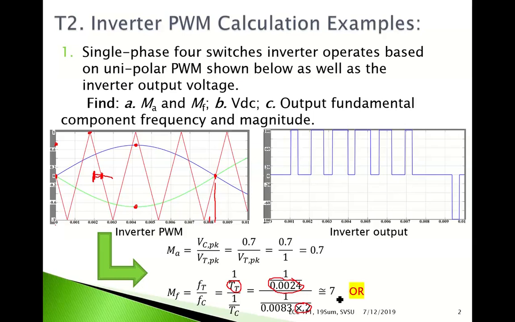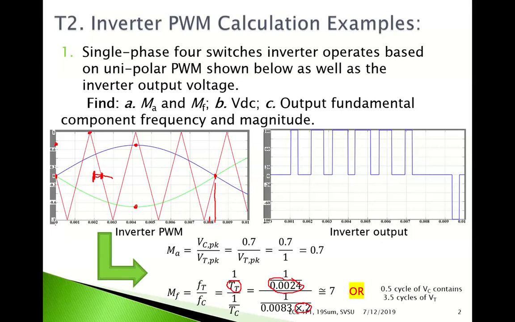Or actually you have one more accurate and more efficient way to find this result, MF, which is by reading carefully the graph, we can tell this conclusion.